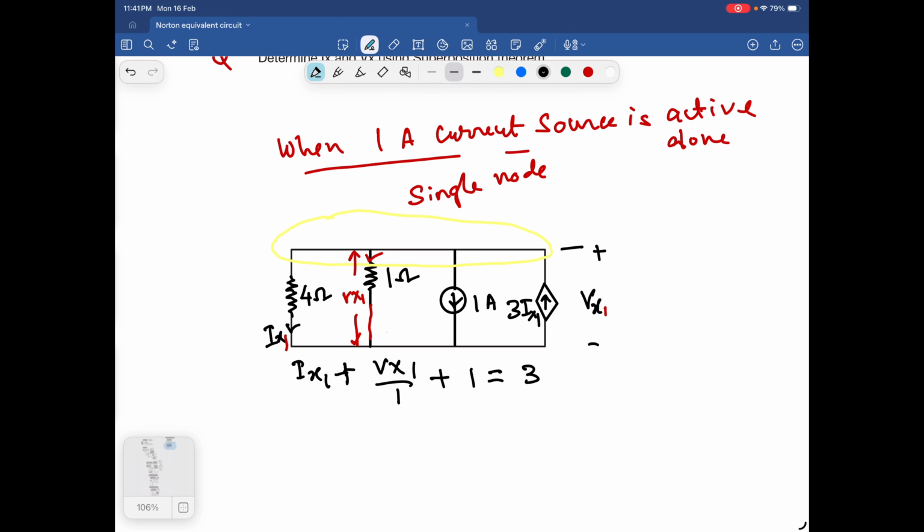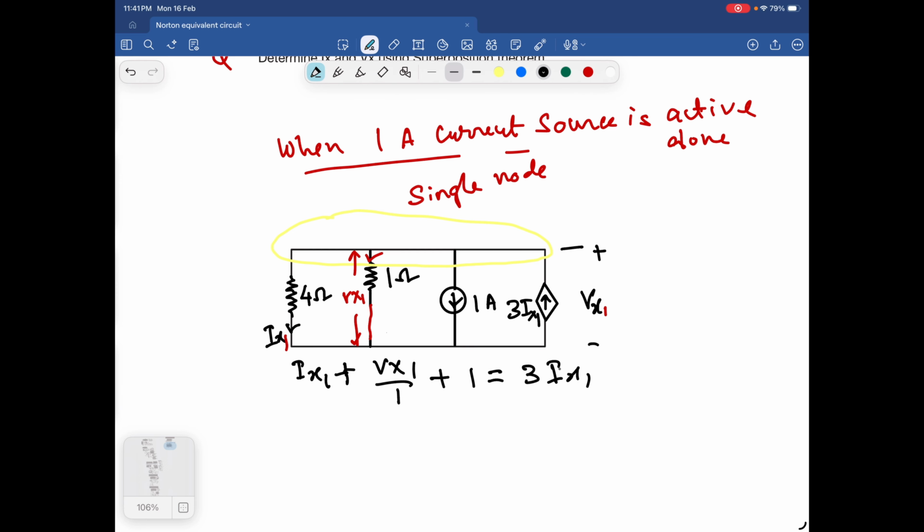Here also it is 3Ix1. When I am using the 1 ampere current source alone, I replace Ix with Ix1, so the output of the current controlled current source is 3Ix1, and Vx is replaced by Vx1. So in this equation I can see Ix1 plus Vx1 plus 1 is equal to 3Ix1.